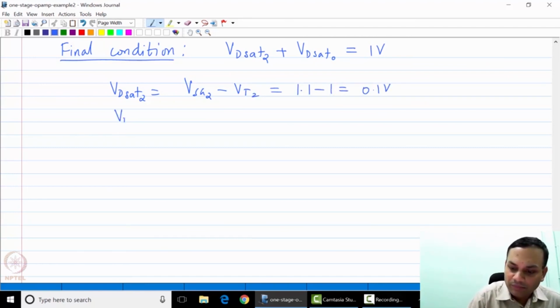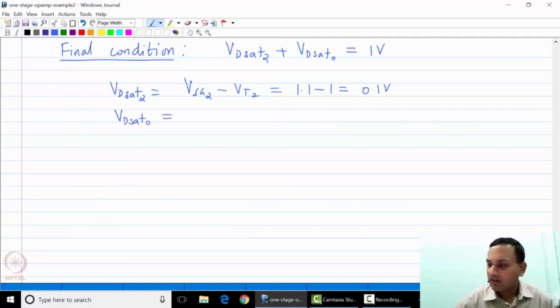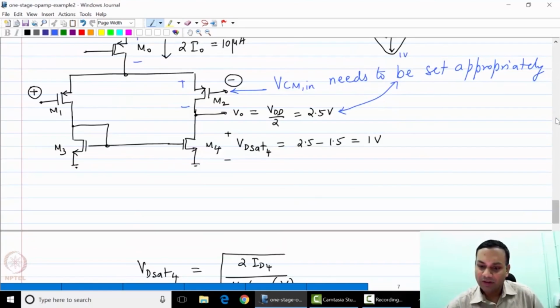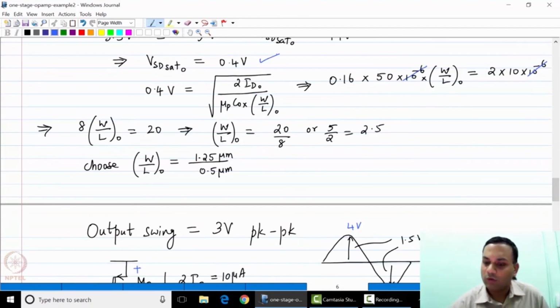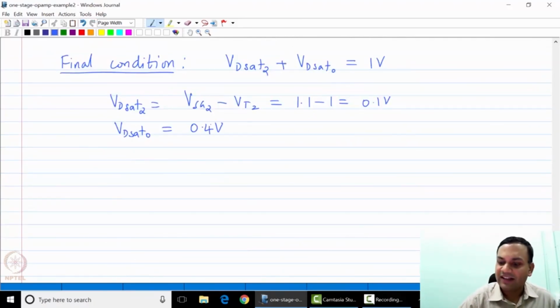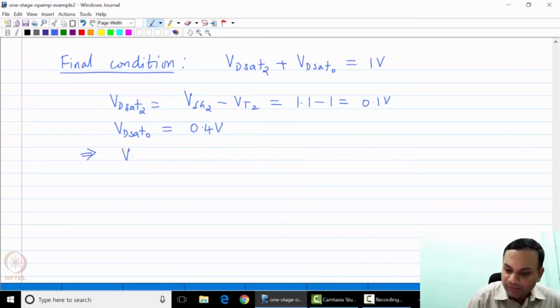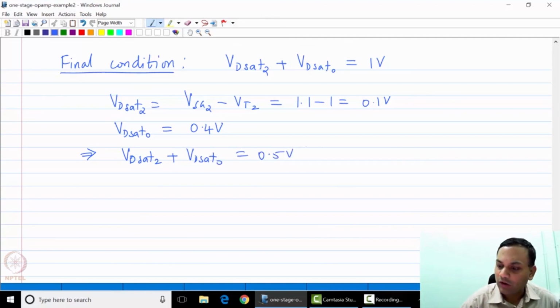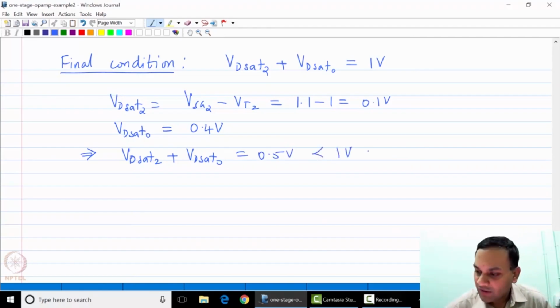And VSDSAT0 is here, which is 0.4 volts. By design, clearly VDSAT2 plus VDSAT0 is 0.5 volts, which is less than 1 volt. Swing limit possible is achieved.